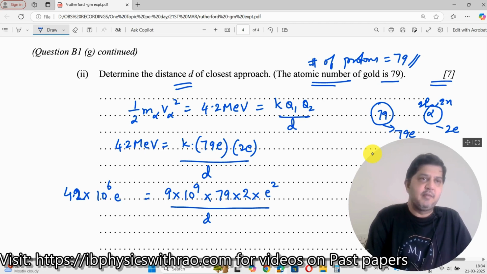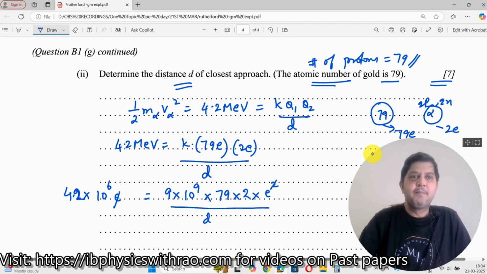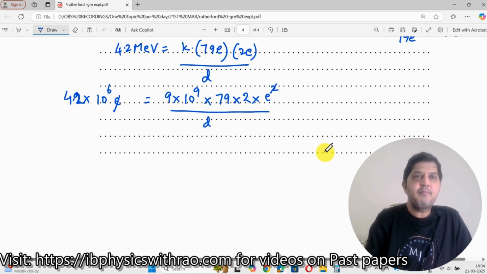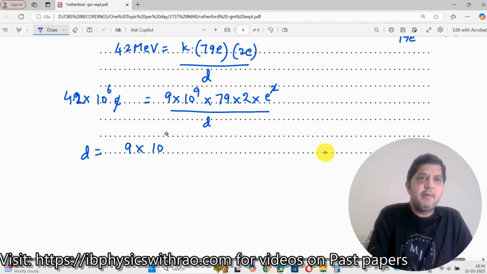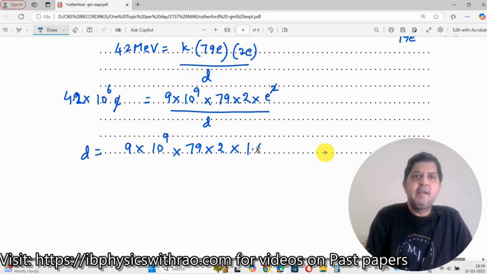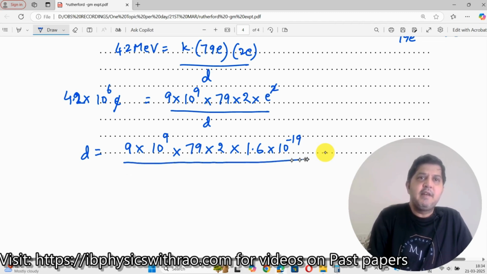I'll write only so much over here, because I can cancel this e and this e. Next, I need to get the value of d. So d is equal to 9 into 10 power 9 into 79 into 2 into, and now I have this lone e, I'll substitute the value of e, 1.6 into 10 to the power of minus 19, divided by 4.2 into 10 to the power of 6.